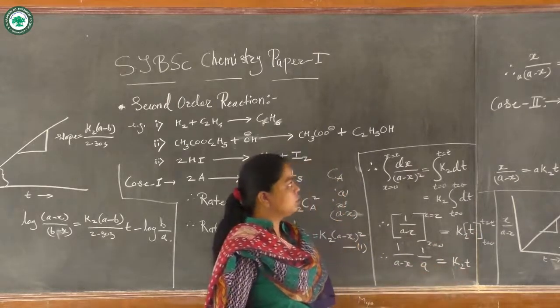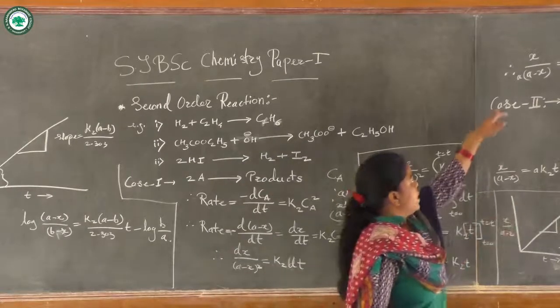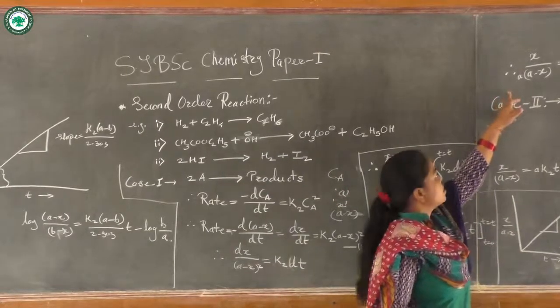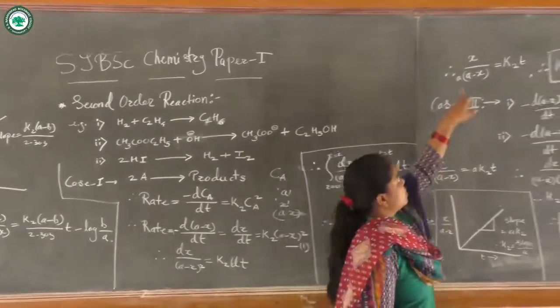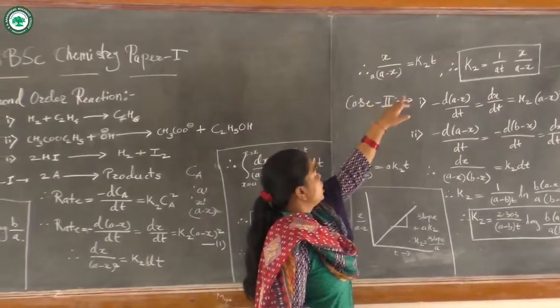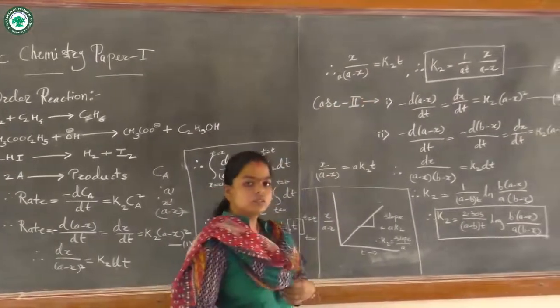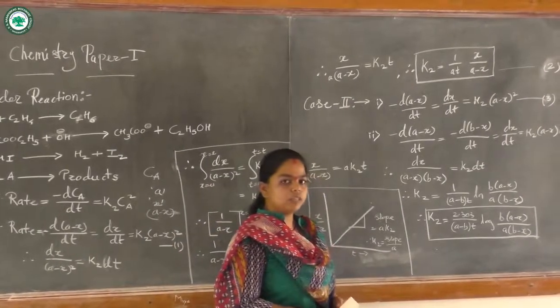Further, this equation we can write as x upon A into (A minus X) equals K2 t. So we are going to determine the value of K2.